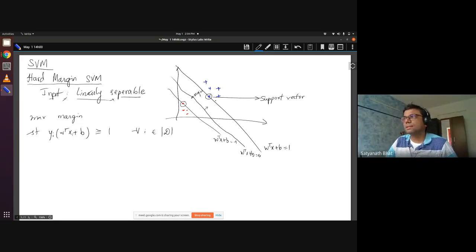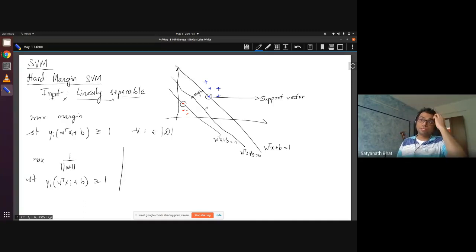Using the math that we did a few classes back, we can show that the margin is given by 1 over norm W. Subject to the same constraint, maximizing the margin, that is maximizing 1 over norm W, is the same as minimizing half W transpose W, since W transpose W is norm square, subject to yi times (W transpose xi plus B) greater than or equal to 1. This is called the primal.